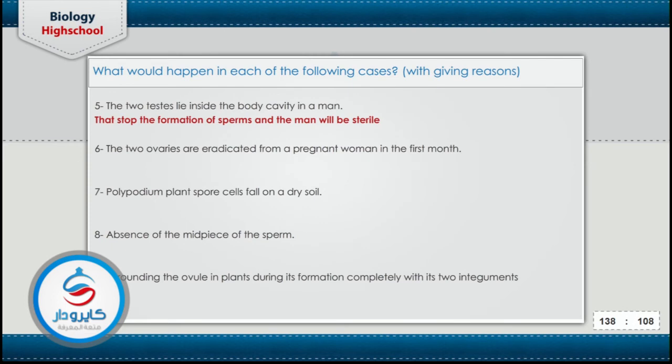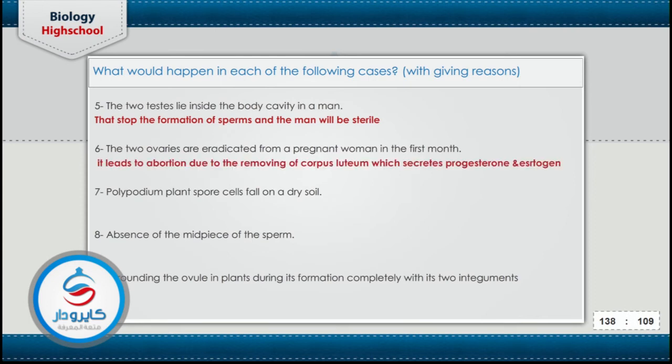The removal of the corpus luteum leads to a decrease in the estrogen and progesterone hormones, so abortion takes place. So when I answer, I say abortion will happen, and then I say the reason: because the corpus luteum was the one making estrogen and progesterone hormones.